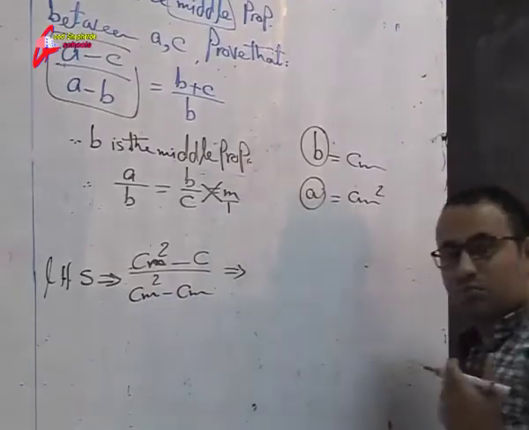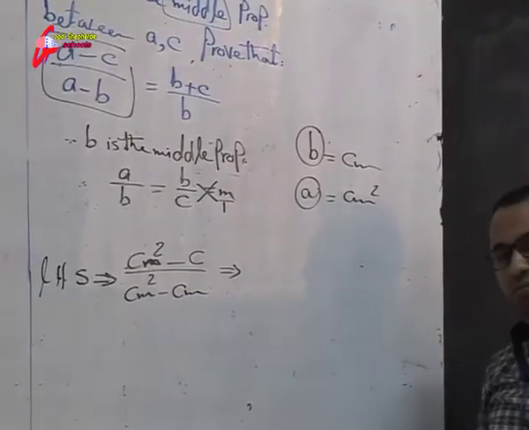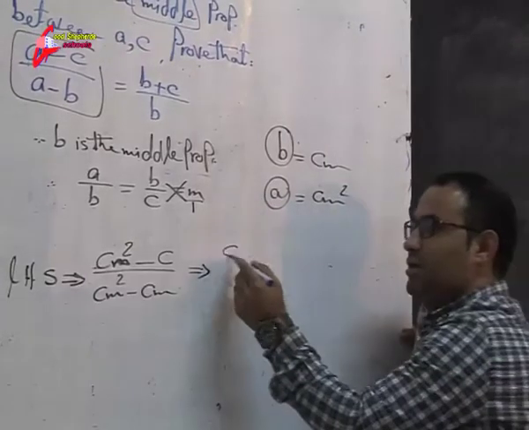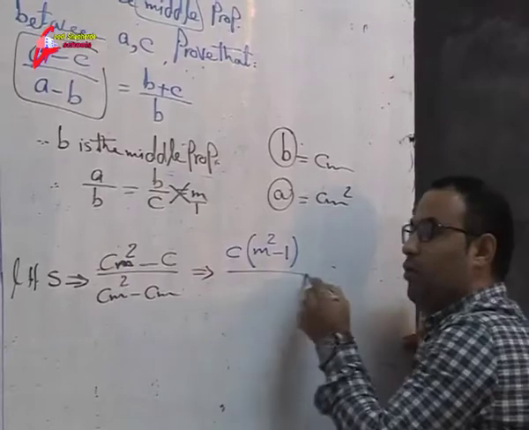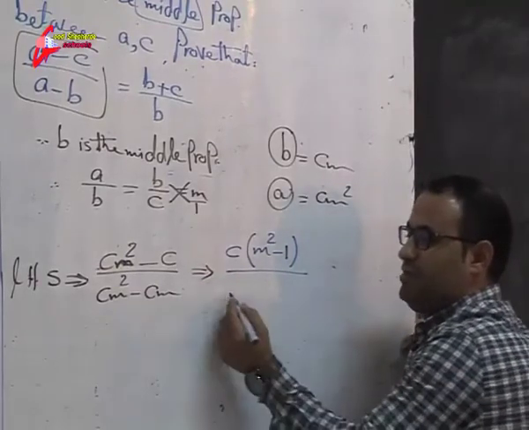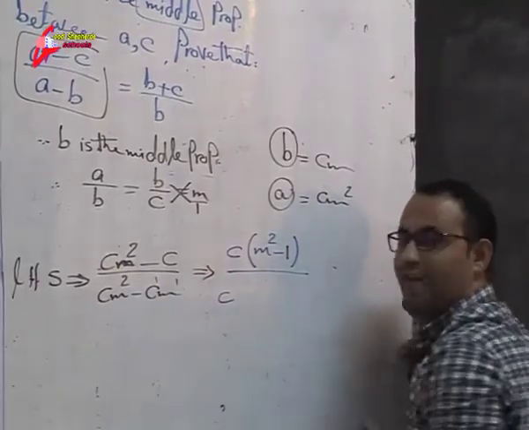When you have plus or minus, you must take the HCF. So c outside will be m power 2 minus 1 over. Here is the least power, c power 1, so take it power 1.